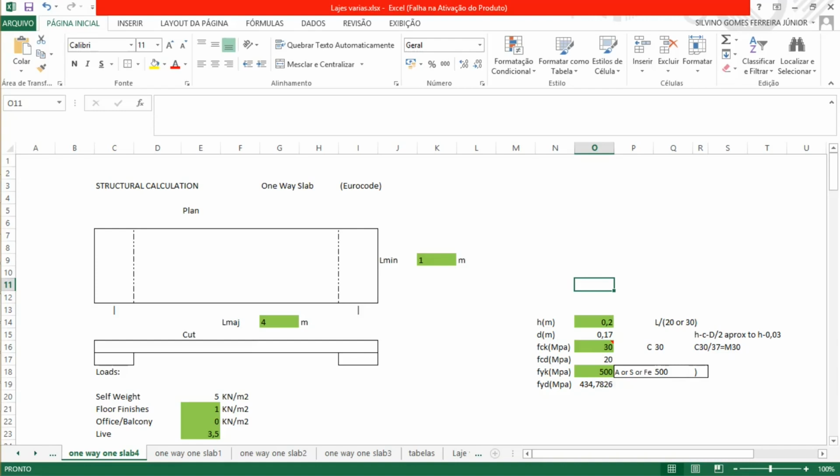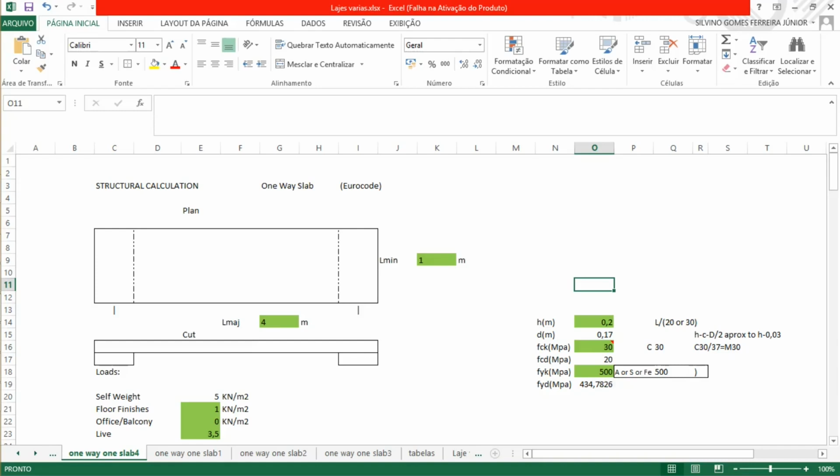And the effective depth we can calculate. We can consider that it is the total depth that we have, subtracted by the nominal cover C and half of the diameter.